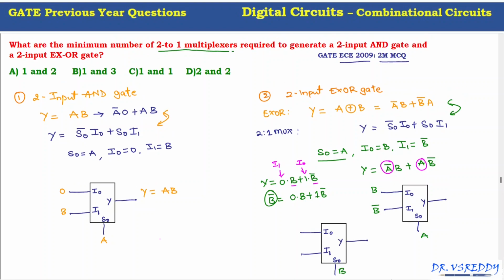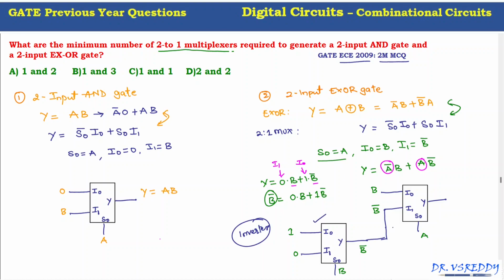Now here B is the selection line, so 1 into B prime, then the output is B prime. Now we connect like this. Now it simply acts as an inverter. This first mux acts as an inverter.